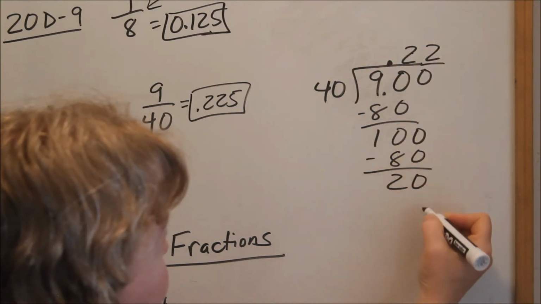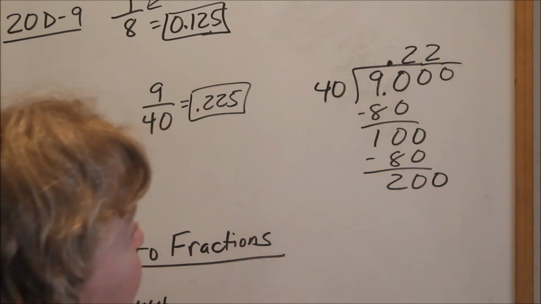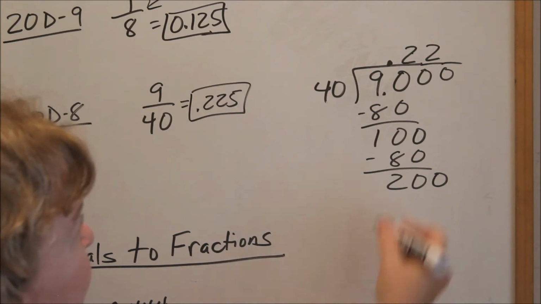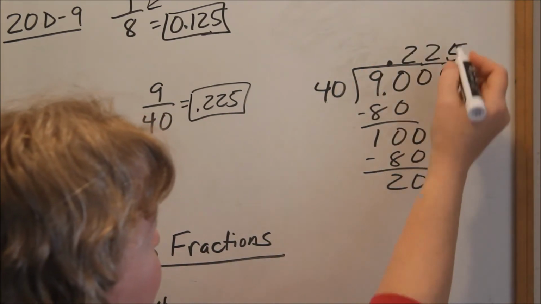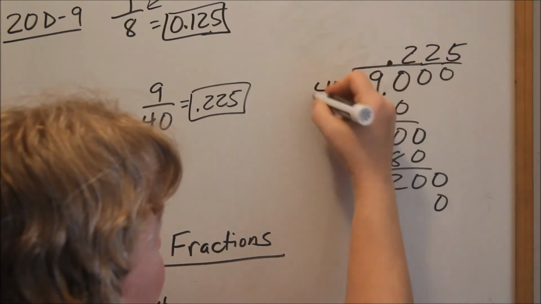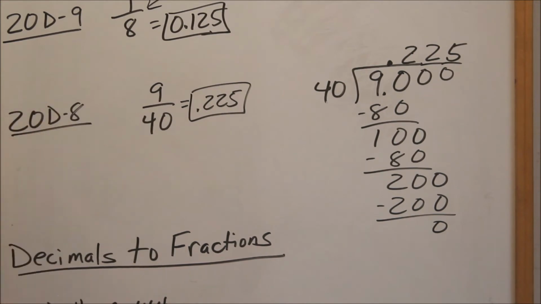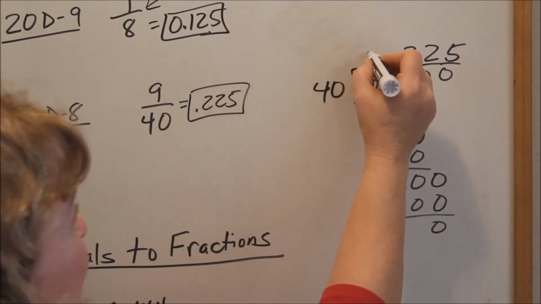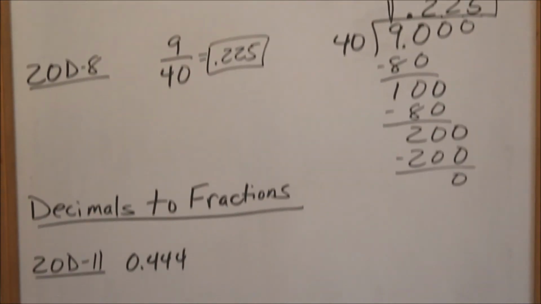Subtract, 20. 40 can't go into 20. Add a 0, bring 1 down. 40 into 200, 5. 5 times 40, because 5 times 0 is 0, 5 times 4, 20. And then subtract, no remainder. So that just shows you, doing it long division, that it is 0.225.